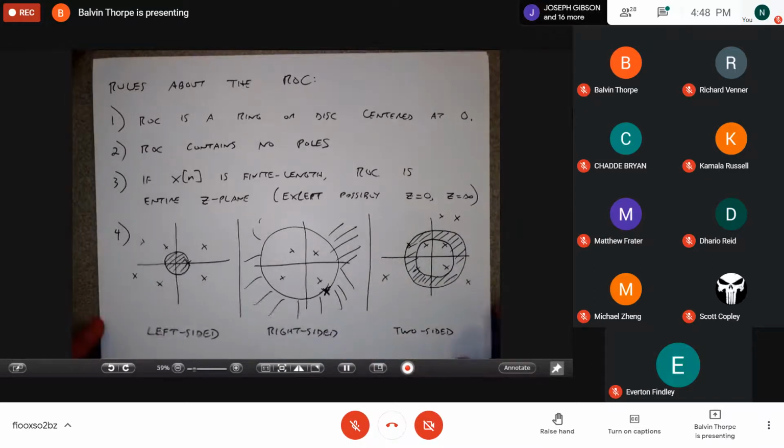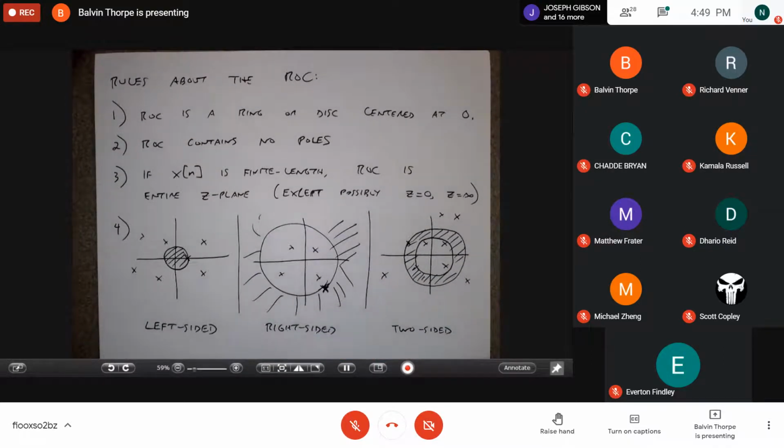So this is kind of a way of saying the ROC is always bounded by the poles, and then in special cases, I know that a left-sided signal looks like this, the right-sided signal looks like that. In this case, there are many possible donut-shaped ROCs that correspond to different two-sided signals, and I have to disambiguate within there which one I meant.